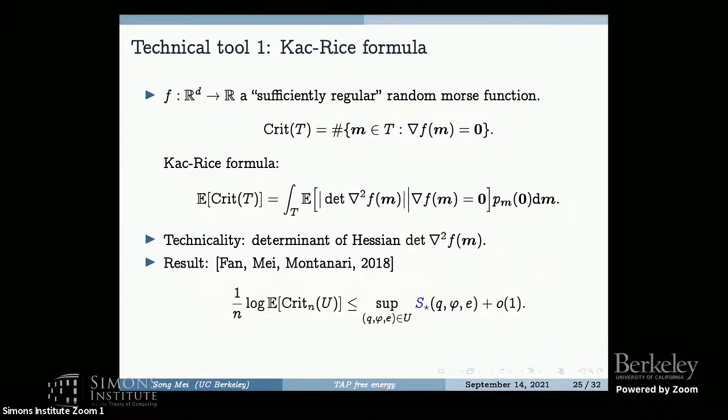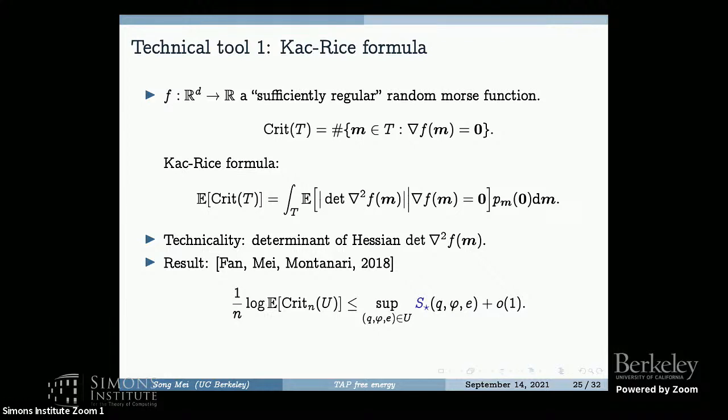Okay, so the first technical tool we use is the Kac-Rice formula. Suppose we want to count the number of critical points of a random function in some particular region, we can compute its expectation using this formula. The technical difficulty of dealing with this formula is just to calculate the expectation of the determinant of the Hessian conditional on the gradient equal to 0.